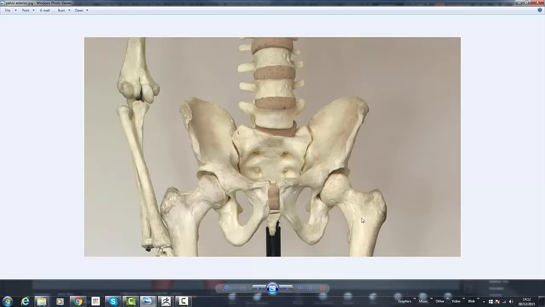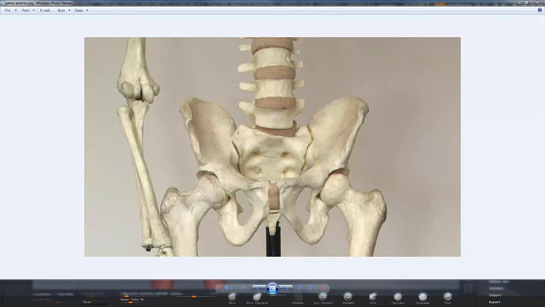So the anterior superior iliac spine is a prominent landmark that sticks out, especially on a female, and it's right here and right there. When you look at a female pelvis, you'll see this sticking right out. A male you won't see it so much, but a female you'll definitely see this. So this is called the anterior superior iliac spine, or ASIS for short.